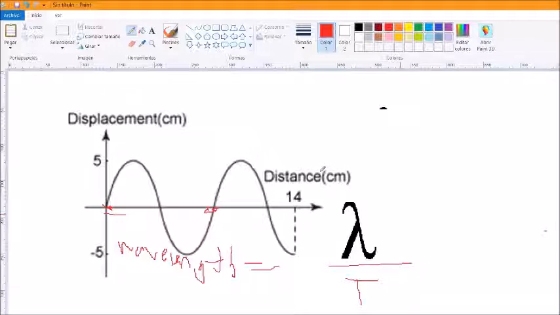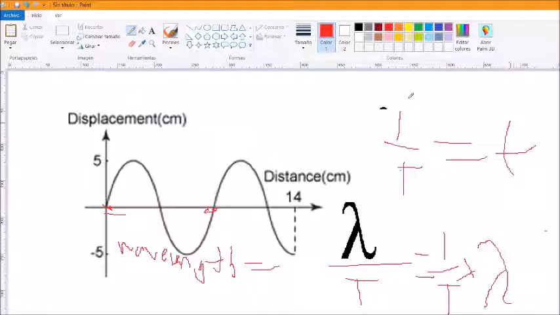Another way of explaining this is, if we separate these two, it's like saying 1 over period times lambda. And what is 1 over period? 1 over period is frequency. So wave speed can also be frequency times lambda.